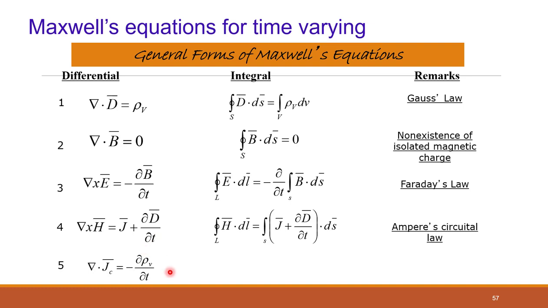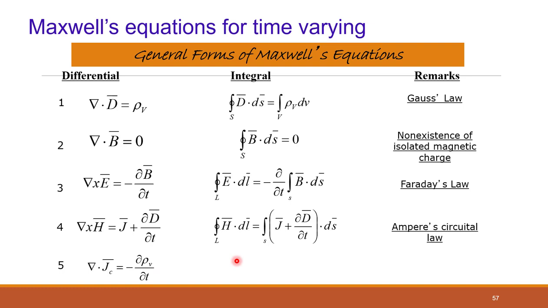And the last equation is based on the continuity equation, and we get the point form of the continuity equation as del dot J is equal to minus dou rho V by dou T, and its integral form is closed integration of J dot ds is equal to minus volume integration of dou rho V by dou T. That is the integral form of that equation.